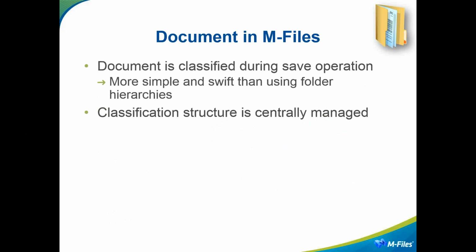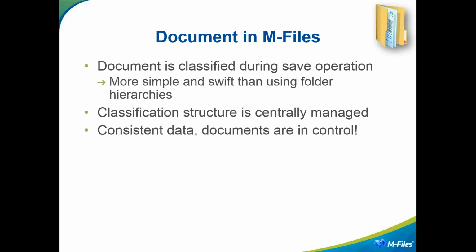So all of that's going to be controlled, which is going to make your data very consistent and keep that control over the structure as to how it's being stored. This is what gives you the consistent data, consistent documents, and keeps it in control of the way that you're going to find it going forward.